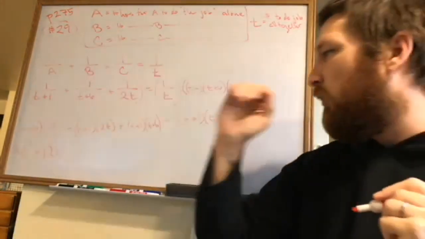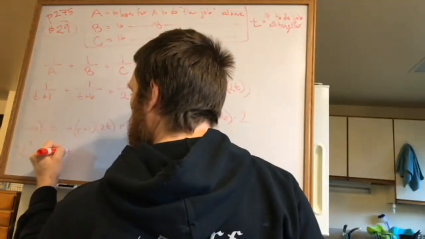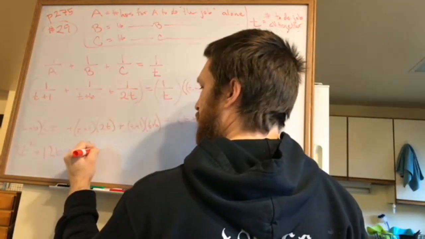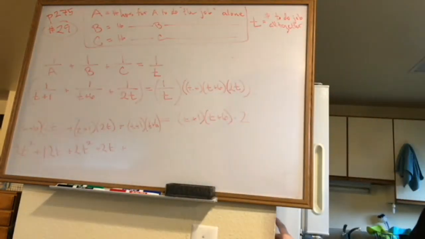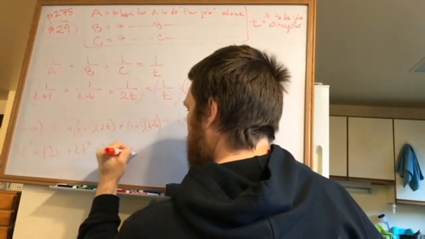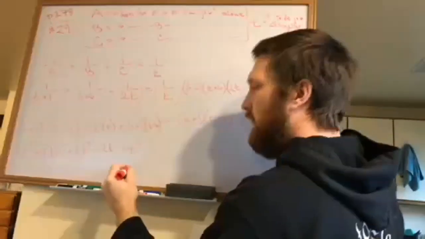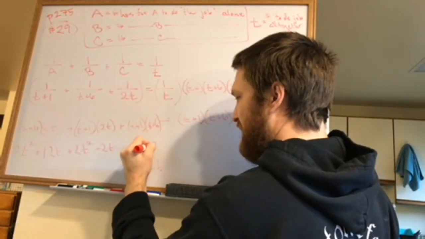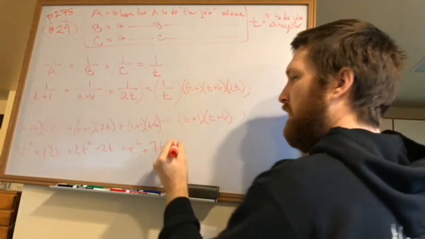Now what about in the second one? 2t squared plus 2t. All right. Now the hard one. t squared plus 6t plus t, so just 7t. So plus 7t. Yep. And then plus 6.